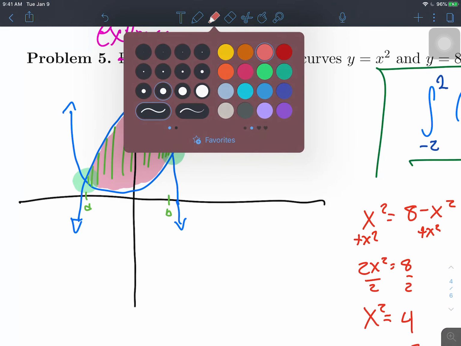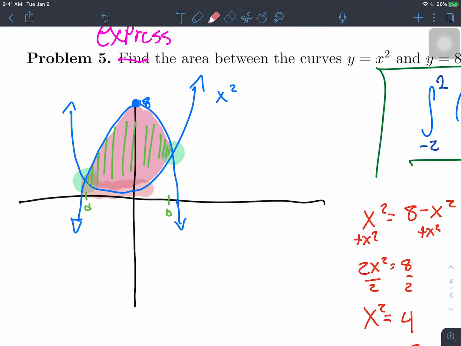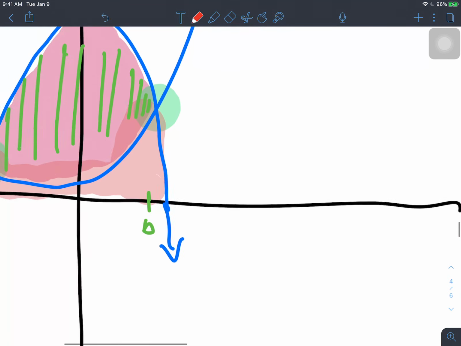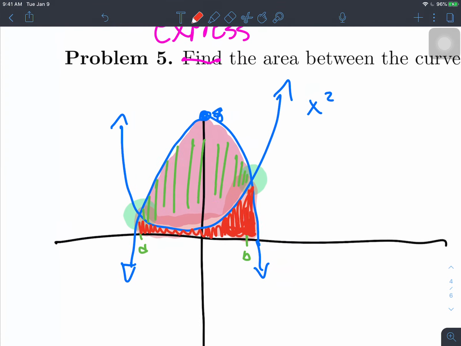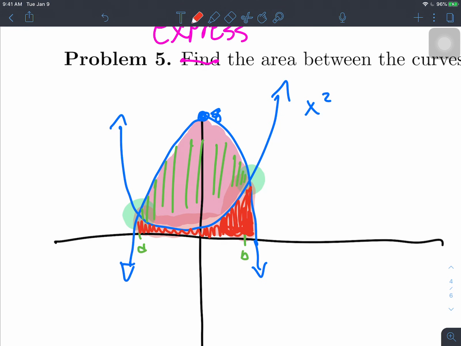It's really just the area underneath the upside down parabola, and I just subtract from it the area underneath this right side up parabola, right? So if I take all of the area that's trapped between this thing here and the x-axis, and I subtract that little piece at the bottom, then I'm going to get whatever's in between.